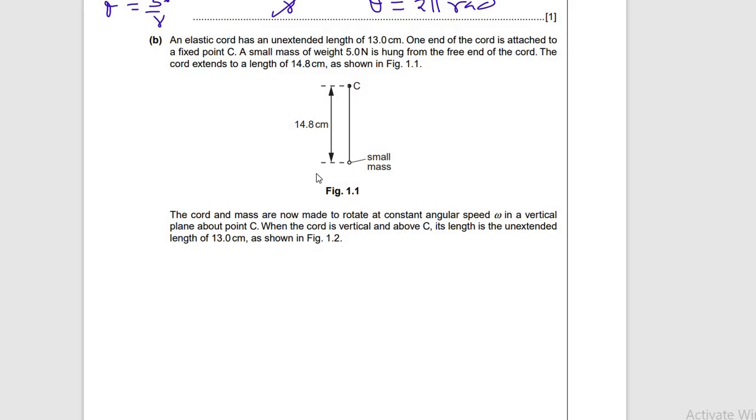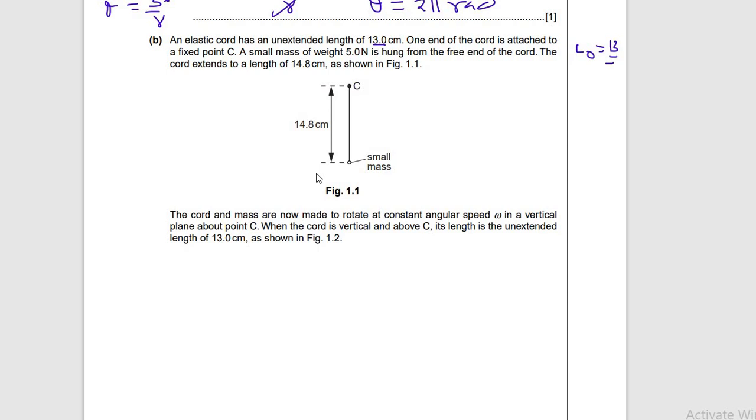Now the next question. An elastic cord has an unextended length of 13 centimeters. The original length is 13 centimeters. That's the original length.